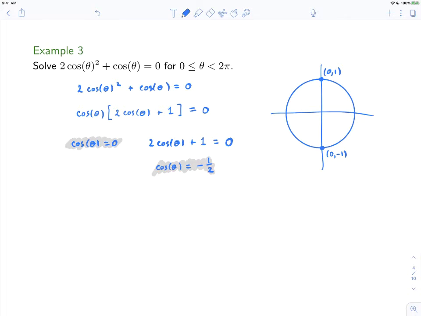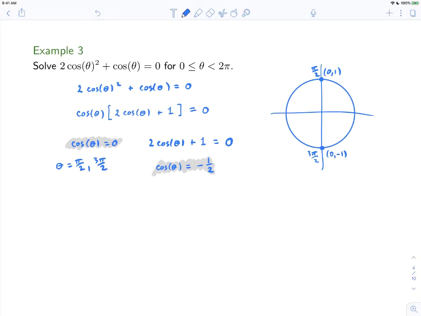At the top of the circle, that angle is pi over 2. At the bottom of the circle, the angle is 3 pi over 2. So that tells us that either theta is equal to pi over 2 or 3 pi over 2.